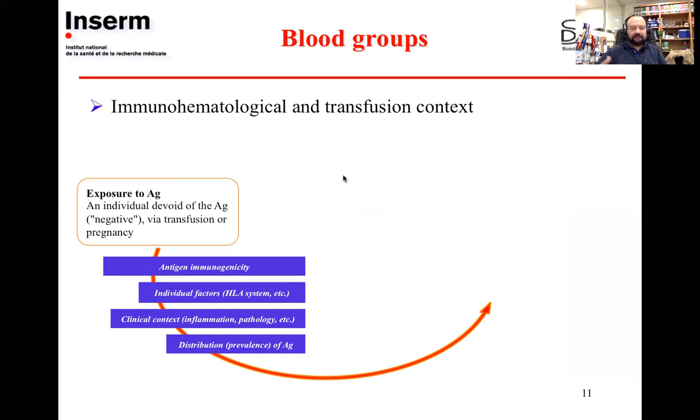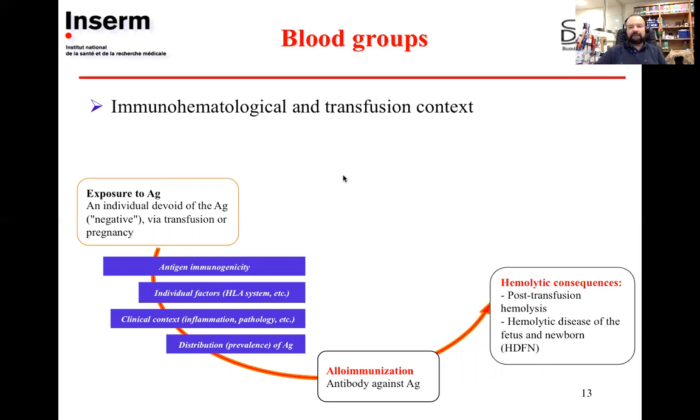Clinical context, if there is other type of disease, and the prevalence of antigens, depending on the environment. And so, sadly, sometimes you have an alloimmunization events, meaning you have antibodies produced by the human bodies against these antigens, and it can create hemolytical consequence for post-transfusion hemolysis, or more specifically, when you have pregnancy for the fetus or the newborn.